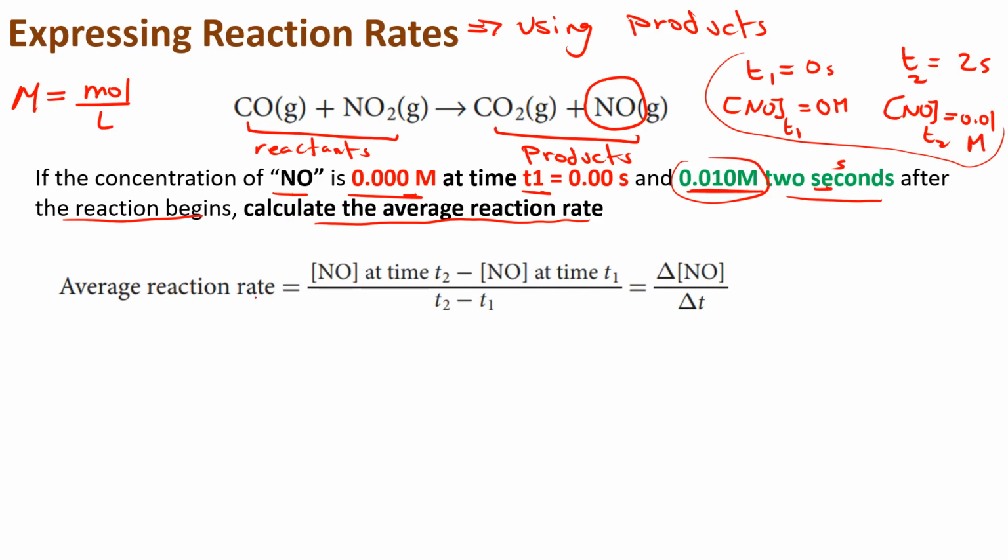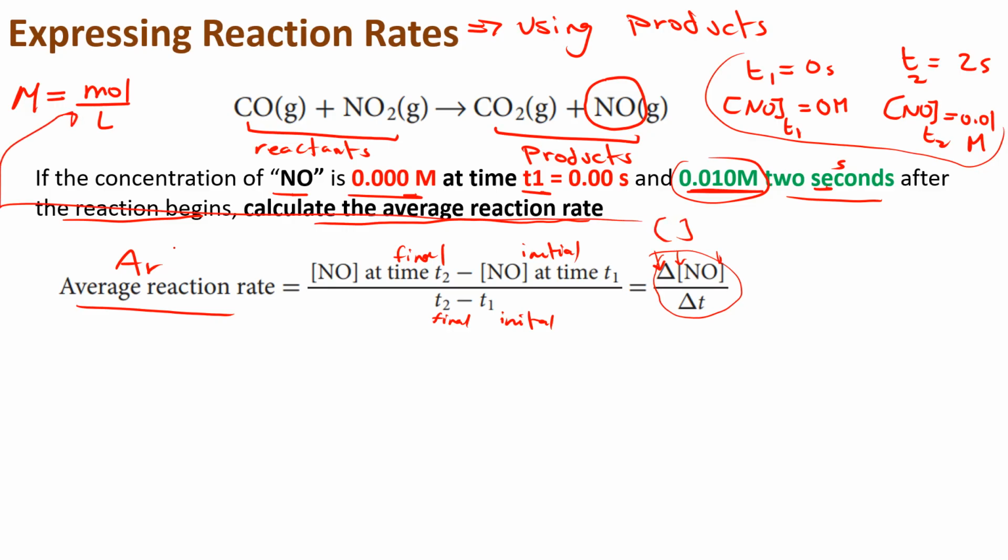And they said calculate the average rate. So the average reaction rate, or the AR, is going to be the concentration final minus initial over time final minus time initial. Or we can represent it like this. So remember the delta, change in concentration, and this one, the brackets we said mean mole per liter.